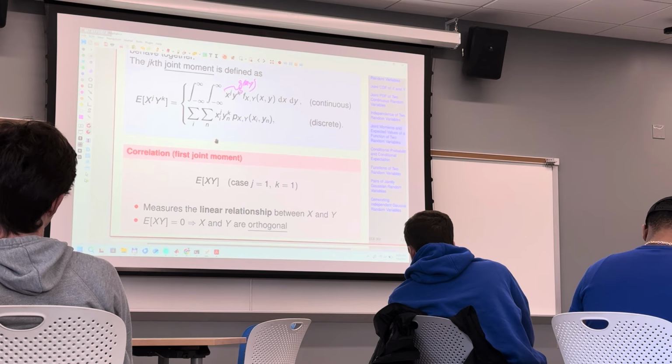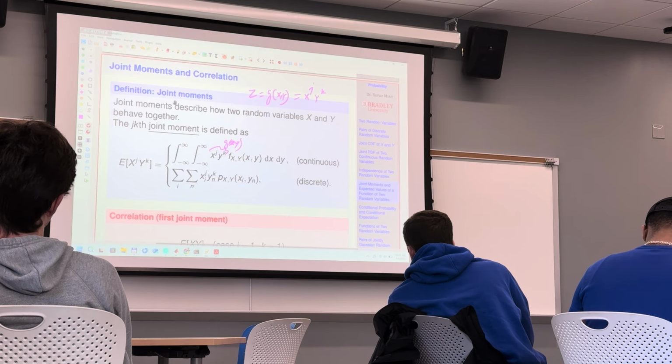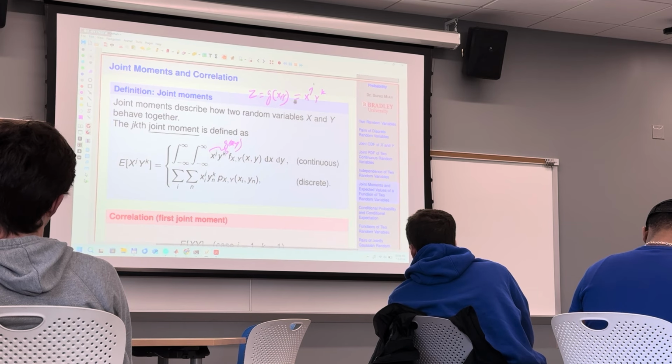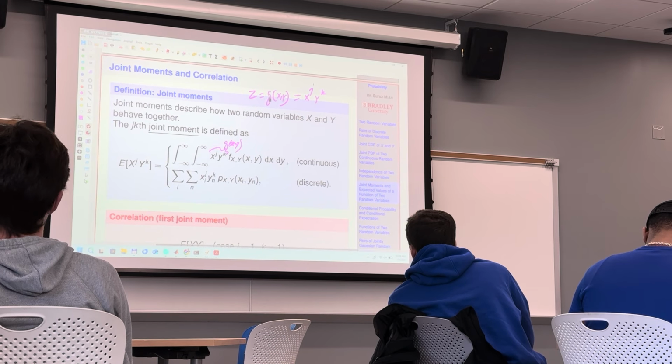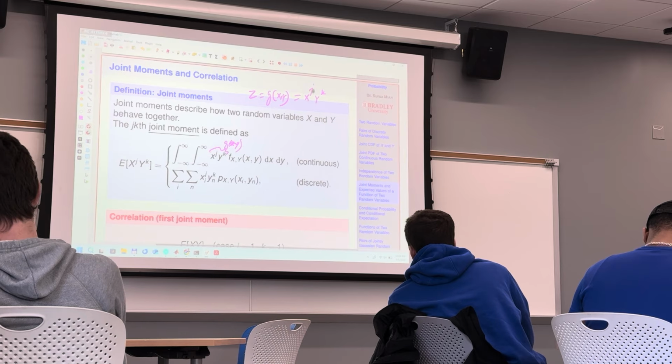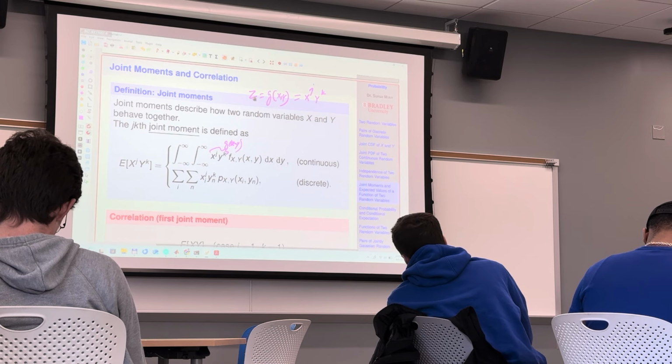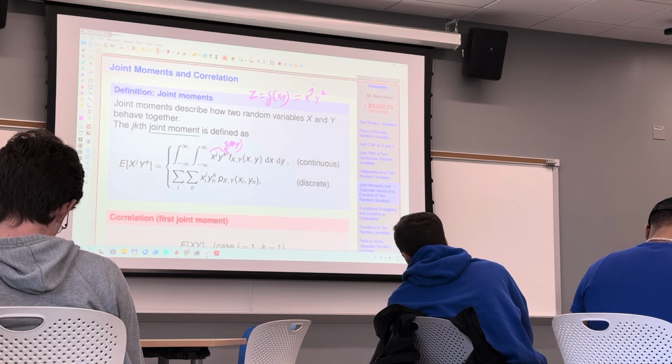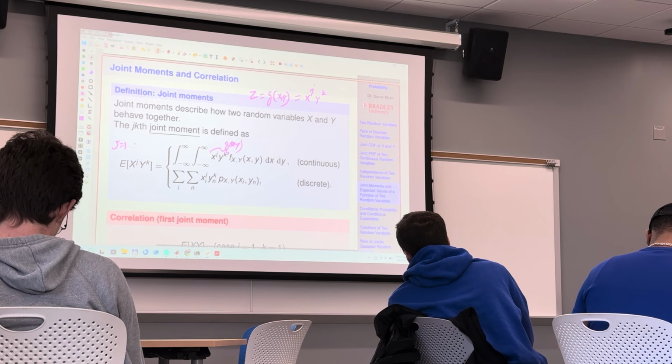Now, it comes from the joint moment. The joint moment of random variables x and y is determined by the function g(x, y) equals x to the j, y to the k. When j equals 1 and k equals 1, g(x, y) is simply xy.